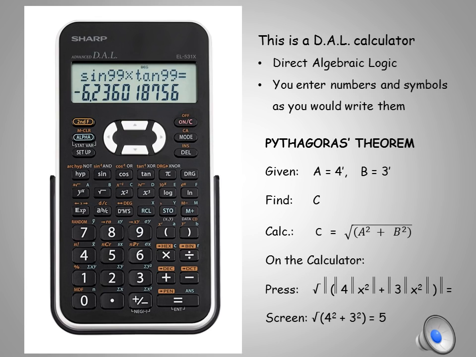So on a DAL calculator, you would press the square root button, then open brackets, then 4, then x squared, plus, then 3, then x squared, then close the bracket, and then hit equal. What will appear on the screen is the square root of 4 squared plus 3 squared equals 5.